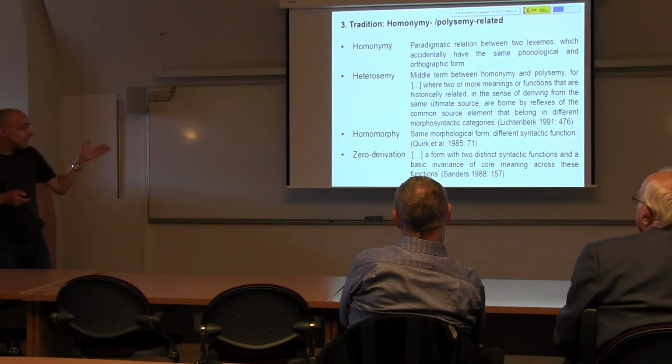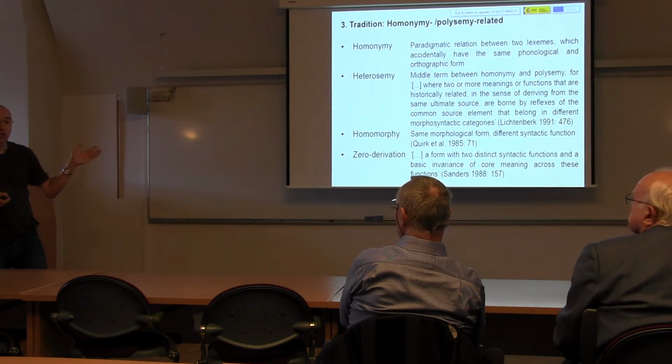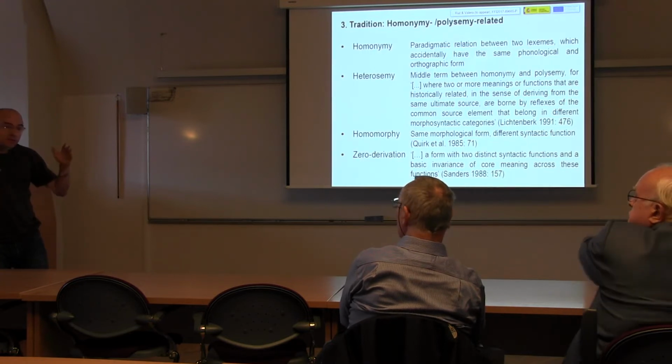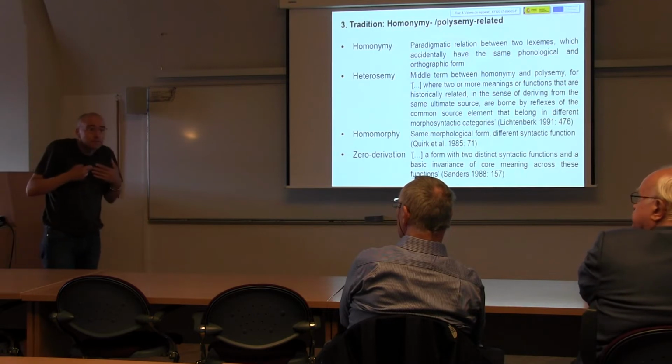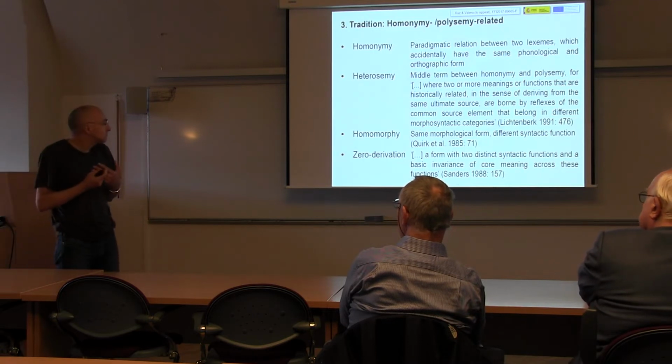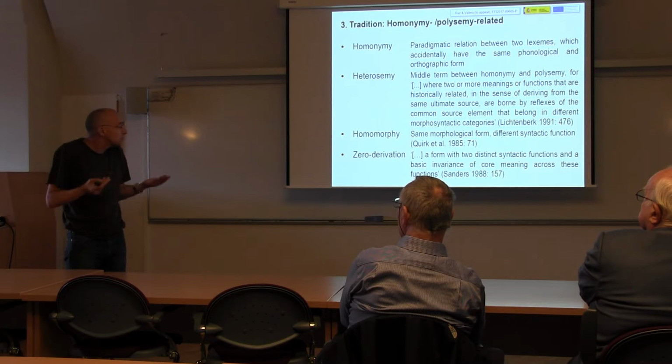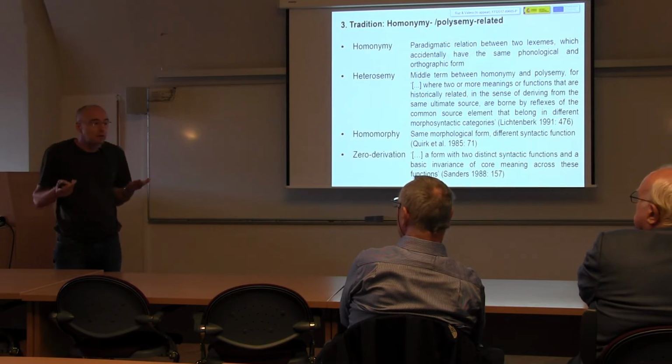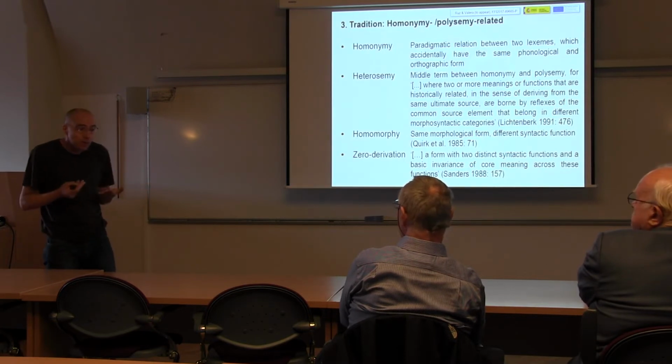But I haven't been able to find homomorphy in the literature ever since. Nobody refers back to homomorphy except myself. But for some reason, the term didn't catch on. I don't know why.